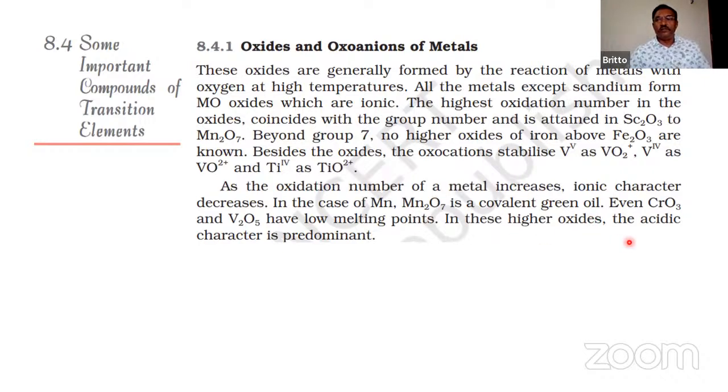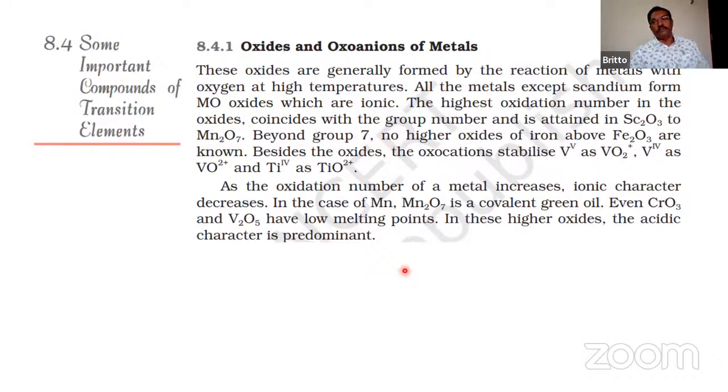And then if you look at chromium CrO3, chromium oxide பார்த்தீங்க அப்படின்னா chromium maximum oxidation state +6, so it is in the +6 state. CrO3, and they have low melting points because they are covalent in nature, so the melting point will be less. Remember that one.